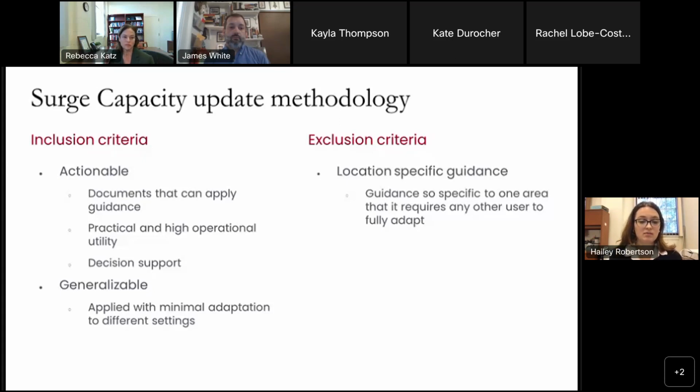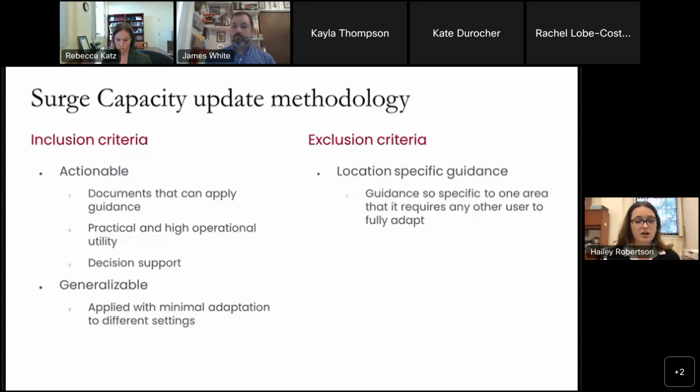The guidance in the documents we determined must also be generalizable across settings for inclusion, and we excluded any documents that were so specific that they would only be useful for a particular facility or apply within a single jurisdiction.